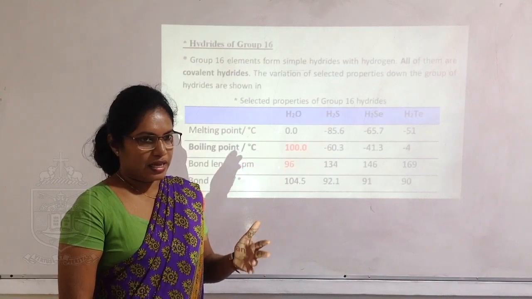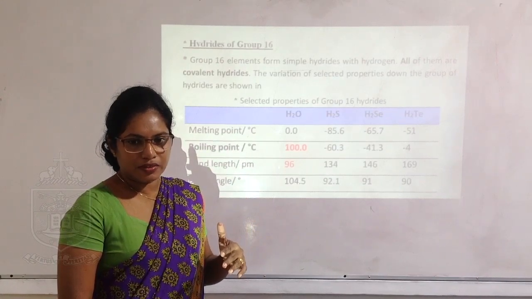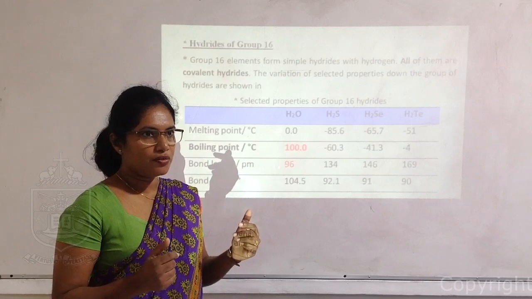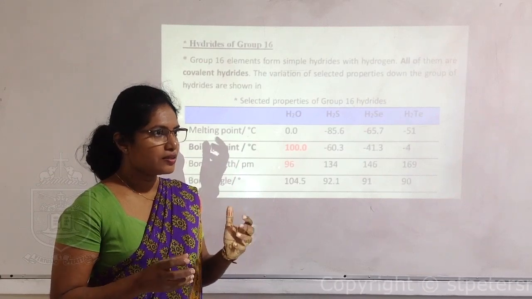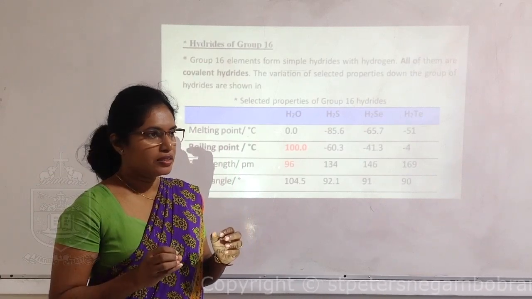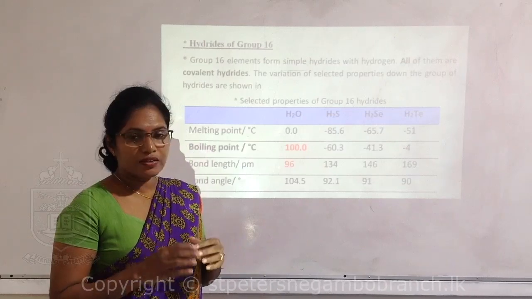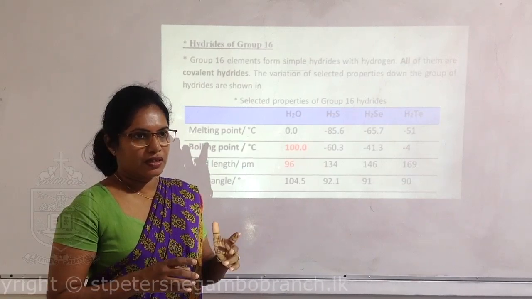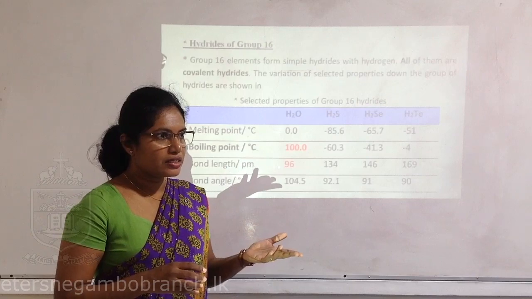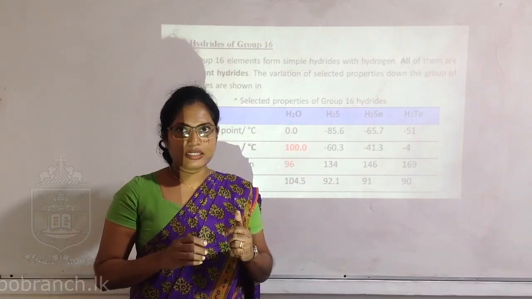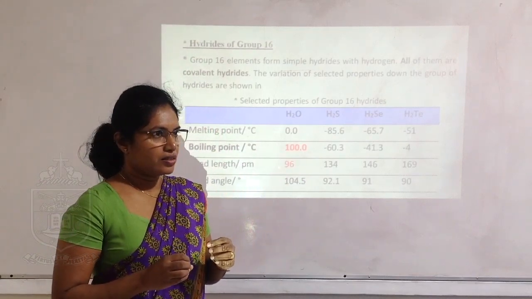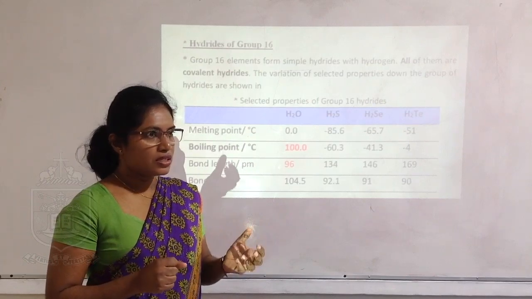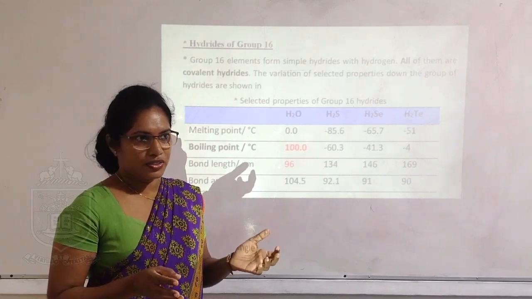And when electronegativity decreases, the repulsion of electron pairs of that atom decreases. With higher electronegativity, the electrons tend to exert more repulsion.